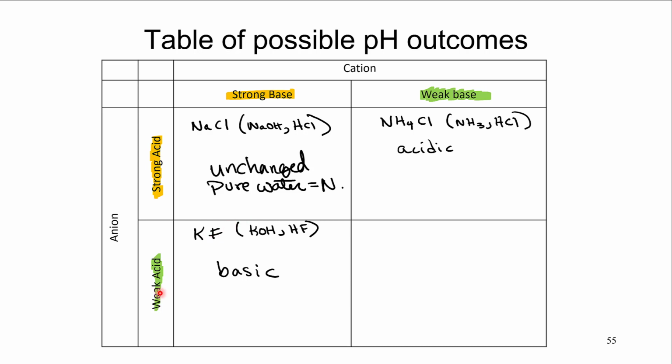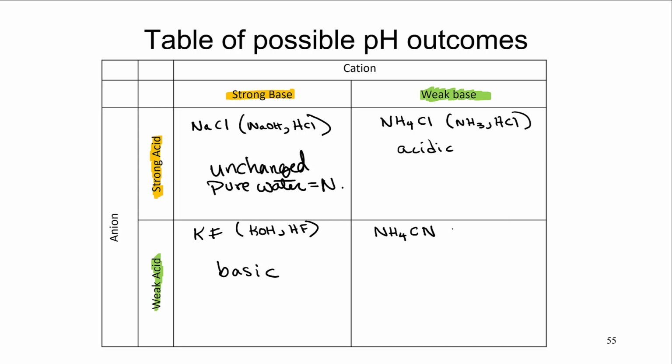What if it comes from a weak base and a weak acid reaction? So, for example, let's say ammonium cyanide, NH4CN, and we'll tackle a problem just like this one, or this one exactly, later in this slide series to show how you calculate it. But I just want to show you very quickly how you think about this.